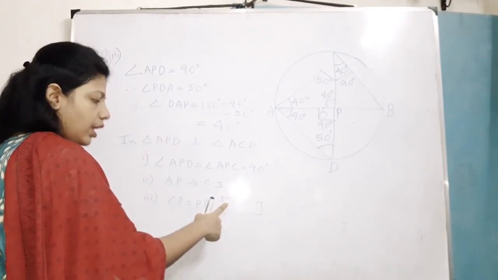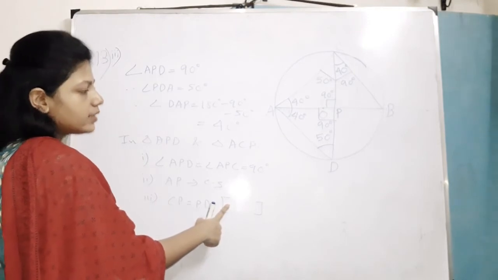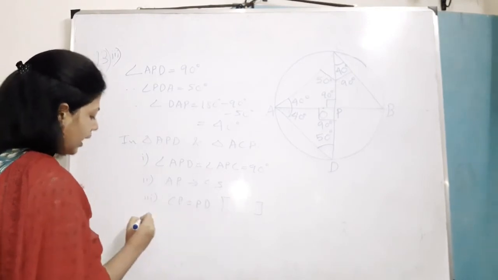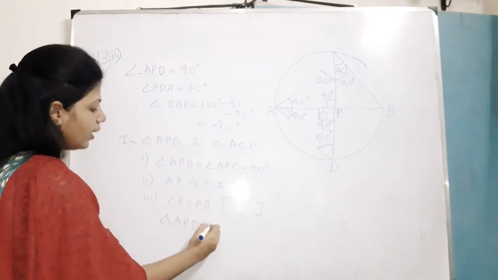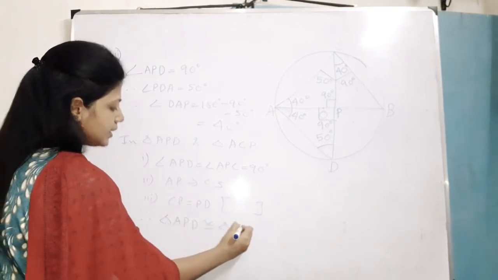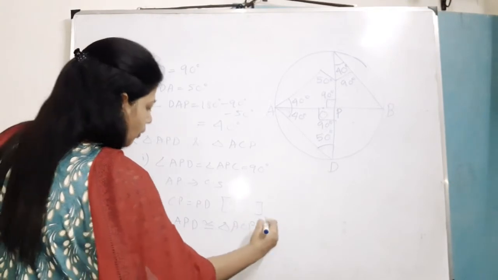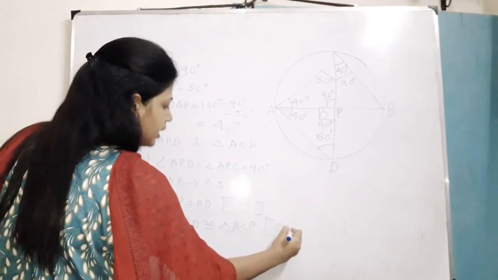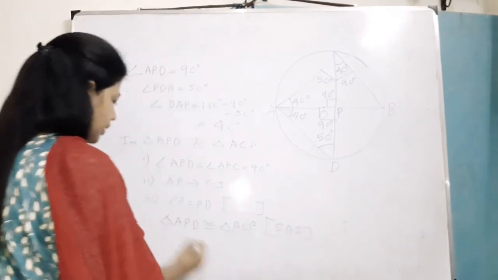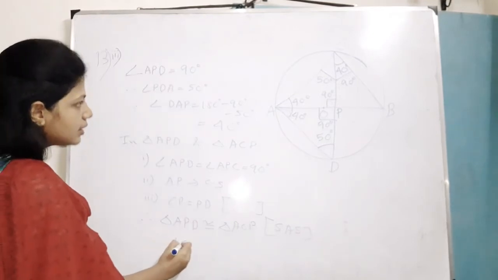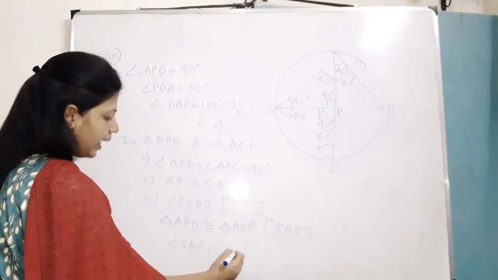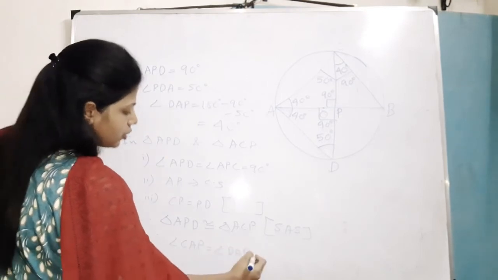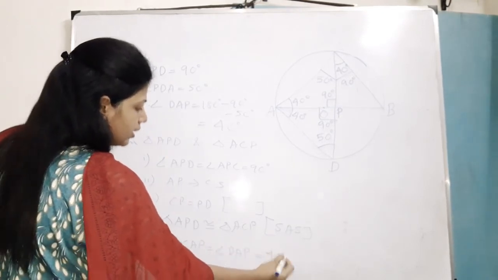Okay, perpendicular from O bisects the chord CD. Therefore, triangle APD is congruent to triangle ACP. What is the law of congruency used here? Side angle side. Therefore, angle CAP equals to angle DAP, and that one is also 40 degree.